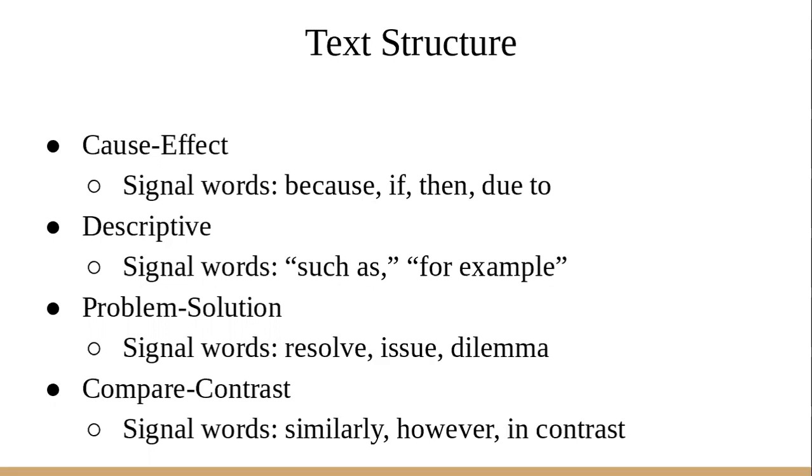Problem and solution, a type of argument that identifies a problem and proposes a solution. Some of the signal words for this are resolve, issue. Compare and contrast, analysis between the differences and similarities of two subjects. Some of the signal words for this are similarly, however, in contrast.